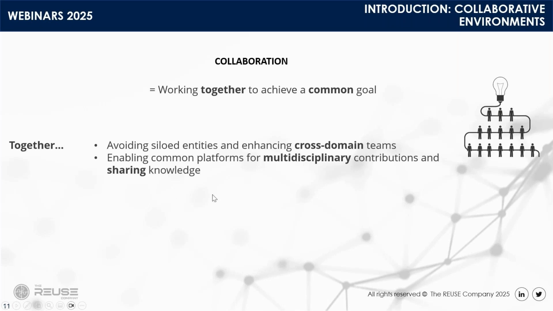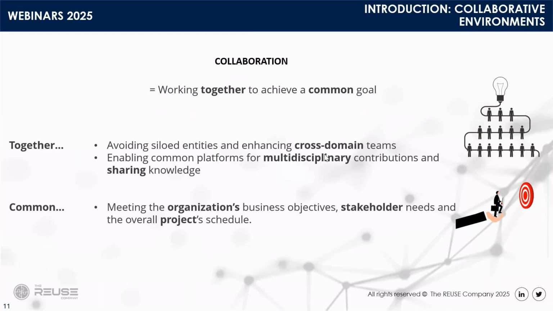If the knowledge is contained in silos, then it's not providing benefits to the other teams, and therefore it's not participating in efficient system development. The common part is that we all need to meet the organization's objectives, the needs of the stakeholders concerned by the system, and the overall project schedule. Those are the three things we need to take into account.